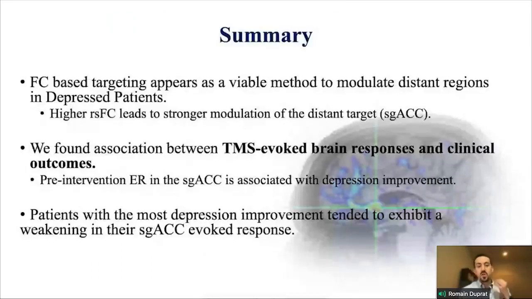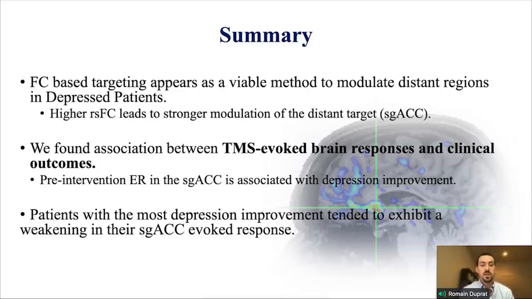Next slide. As a summary, what we found here is that we used single pulses in MRI as probes to assess the efficacy of cortical targets and assess a relationship between functional connectivity and evoked brain response. What we found was that a higher functional connectivity at the site of stimulation led to a stronger modulation of the distant target, the subgenual anterior cingulate cortex.